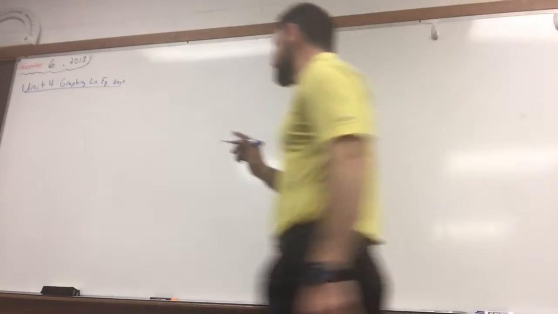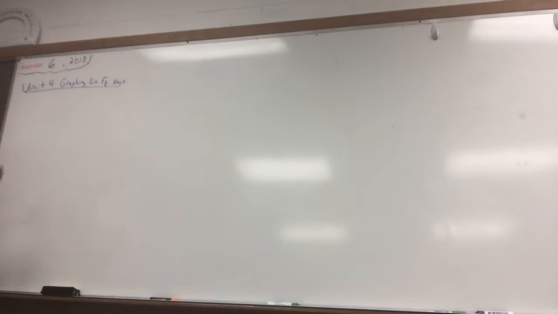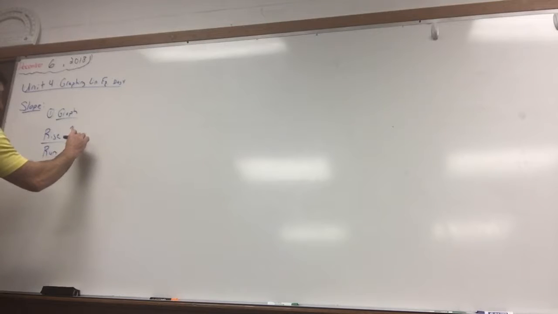Yeah. So, we're on day 4. Slope is still our key today. We've got 2 ways. From a graph, we went over this yesterday: rise over run. Our rise is our y's, and our run is our x's.